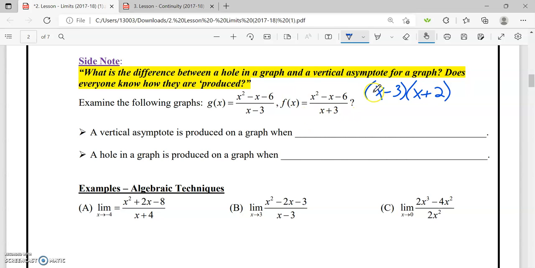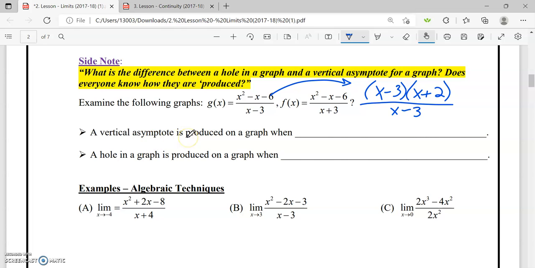Right, so that's factor it, x squared plus 2x minus 3x gets us minus x, and then minus 6. So what we get on top, if we factor it, we get that, and then we get x minus 3. That's from this guy here.